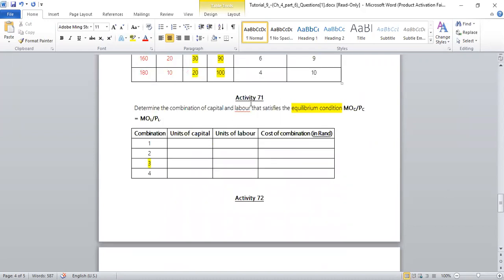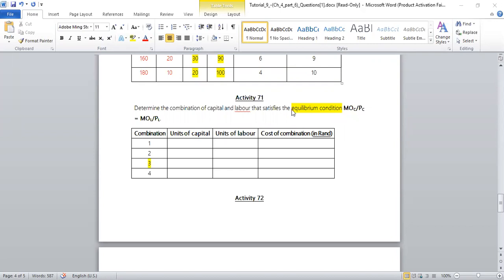Activity 7: determine the combination of capital and labor that satisfy the equilibrium condition. So guys, what is equilibrium? Remember, equilibrium is where two things are equal.